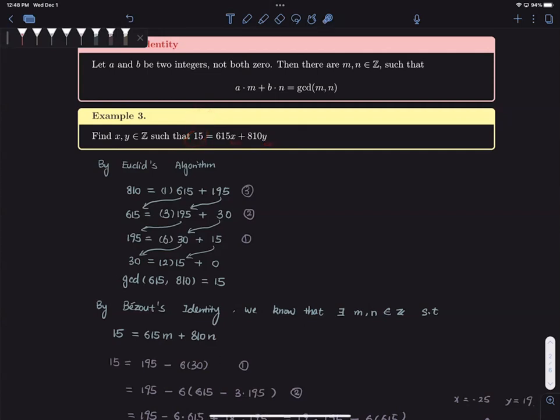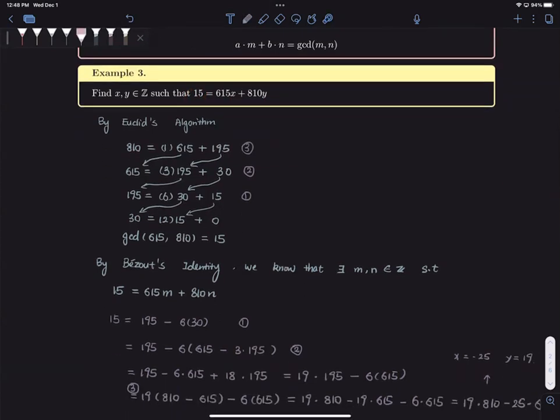So, okay, let me ask you. If I change this to 30, what's my x and y? Someone tell me what's my x and y. Negative 50 and 38. Okay, cool, nice. Here is another question.